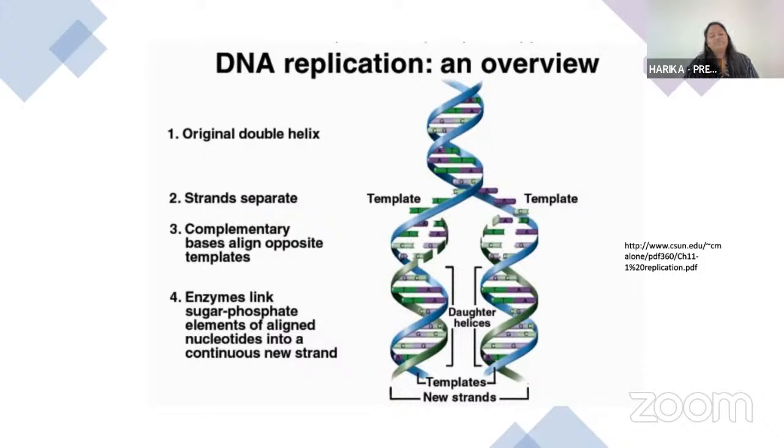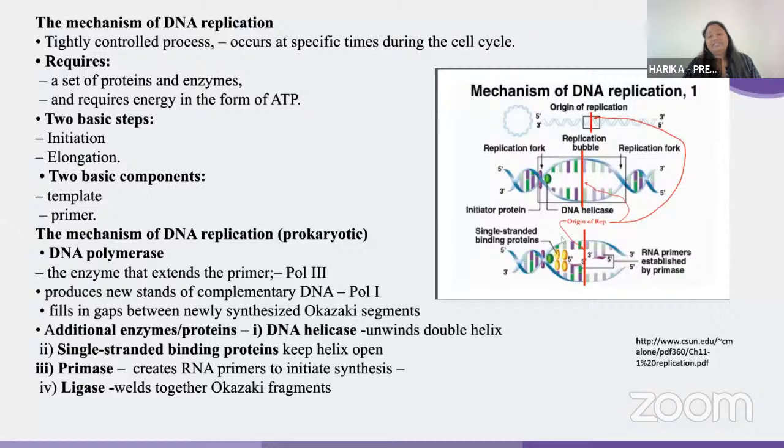So we will think of our DNA polymerase as the builder, because it builds our DNA, or it builds the strands. But this DNA polymerase doesn't know where to start. So here primase comes in for activation. What does primase do? It tells the site where it needs to start the process. So what happens here?